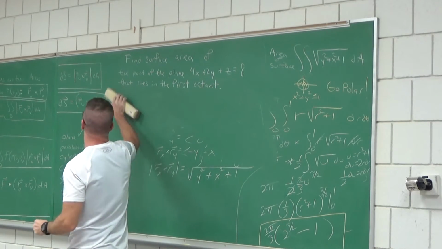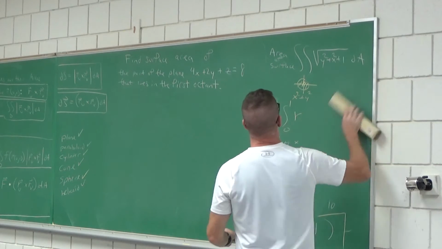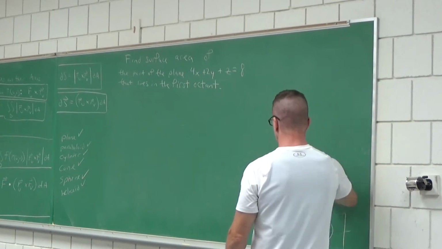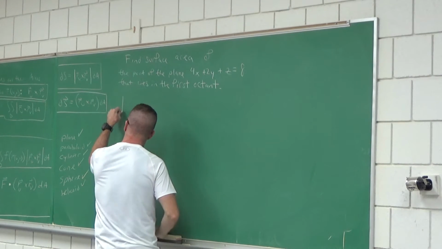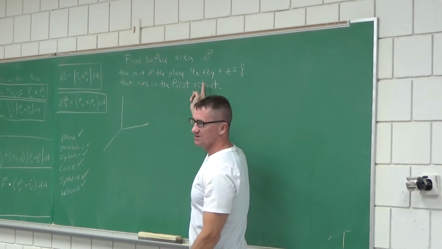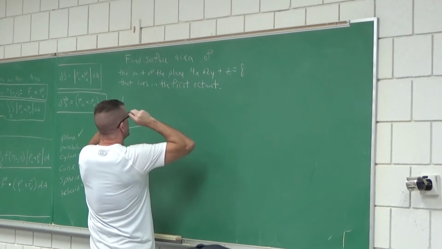Well, last time we didn't draw a picture. Let's definitely draw a picture of this one. Find the surface area of the part of that plane that lies in the first octant. Let's draw this picture. Do you remember how to draw a plane? Yeah. Let's do the intercepts. What's the z-intercept? Set x and y to 0. 8.